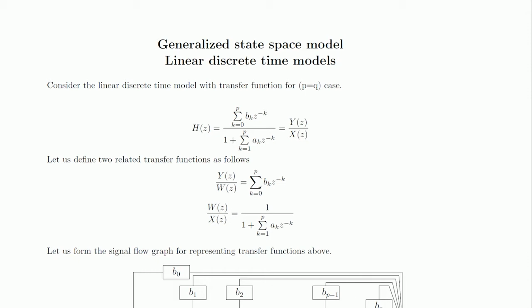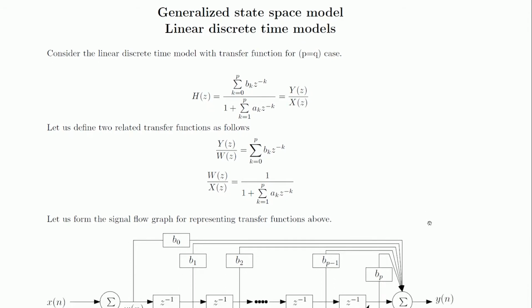And then we have the transfer functions which are related as follows. So, Y of z by W of z is basically this numerator polynomial in B, and the denominator polynomial is W of z by X of z which is given by this polynomial.